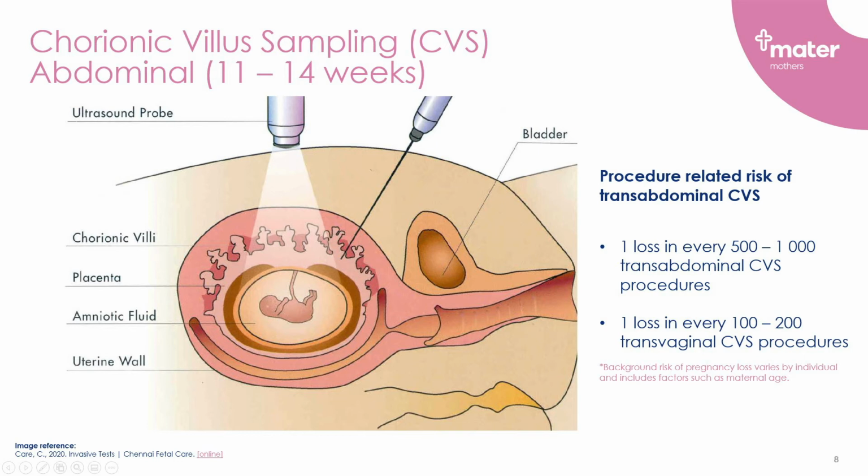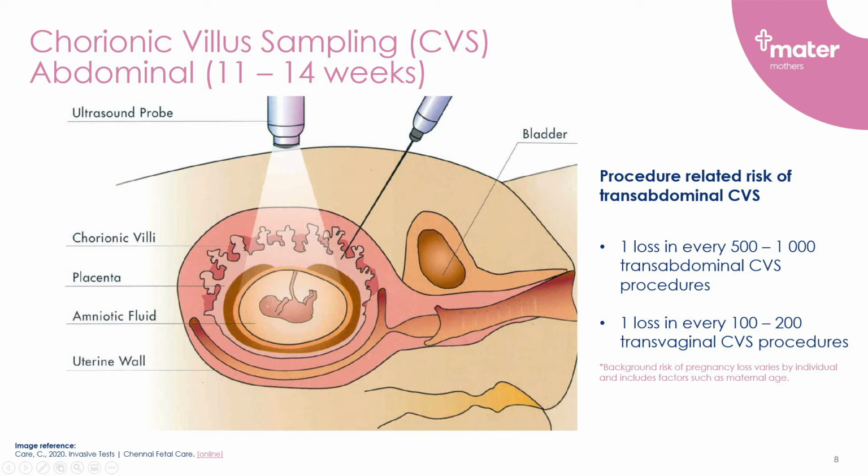Just to remind you that a CVS is a sample of the placenta taken via a needle, usually transabdominally, but in about 10% of cases we may adopt a transcervical approach. The risks for both CVS and amniocentesis have recently been revised and are much safer than have been previously published.